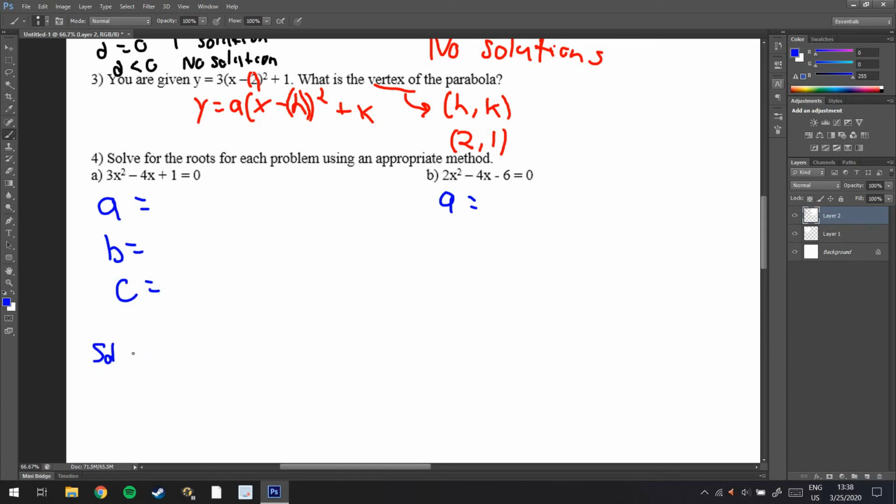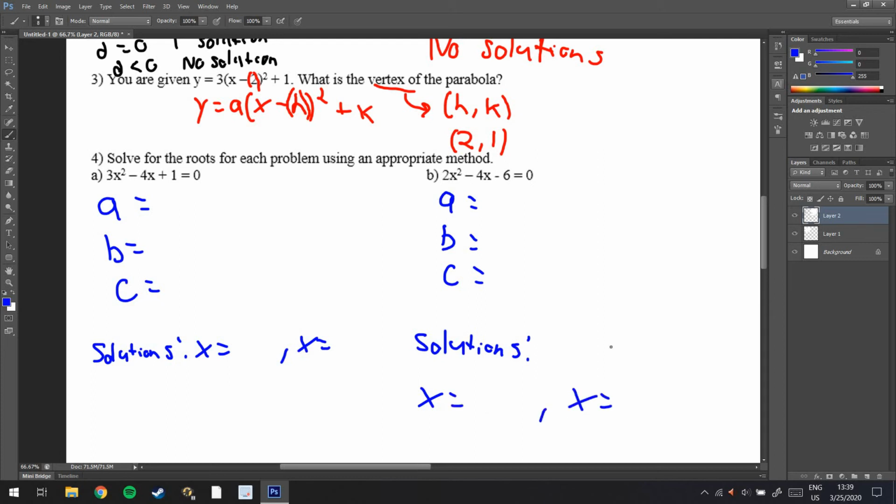So solution, my solutions are x equals, comma, x equals. And do the same for over here. Have A, B, C, and then solutions x equals, x equals. Practice this. See what you get in the app when you find A, B, and C.